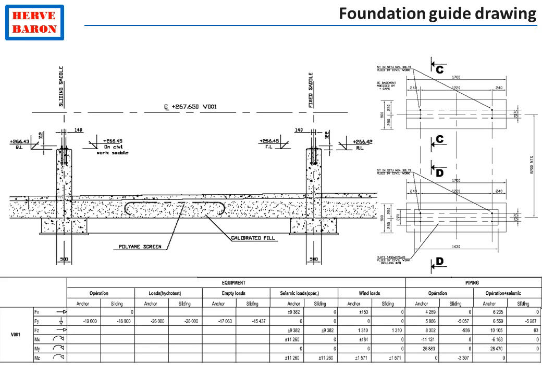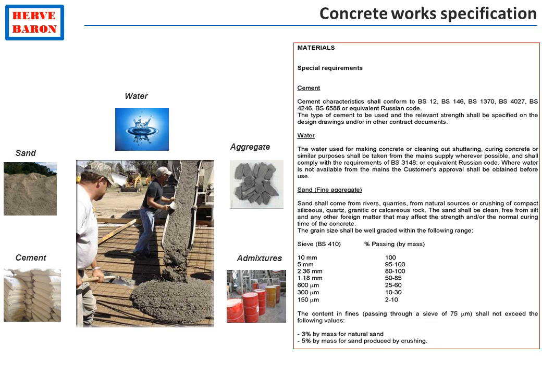Besides construction drawings, civil also needs to specify the types of materials to be used at site, as well as any particular requirements to the works themselves. This is done by issuing a civil works specification, such as this concrete works specification.